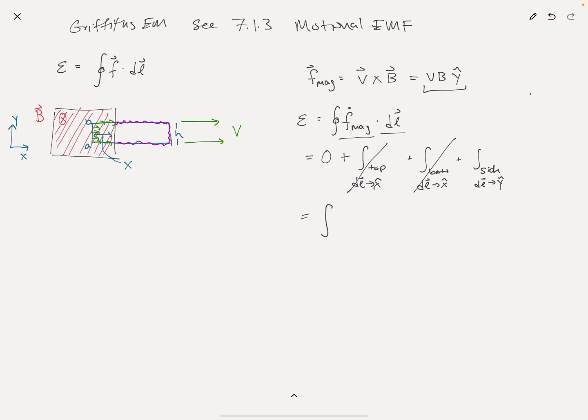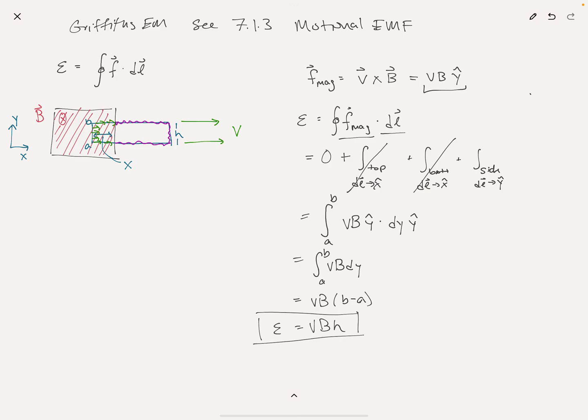That is vB y hat dotted with dy y hat. My path goes from A to B, that dot product gives me 1, and I'm left with vB dy from A to B, which is vB times (b minus a), which is vB times h. That's the EMF.